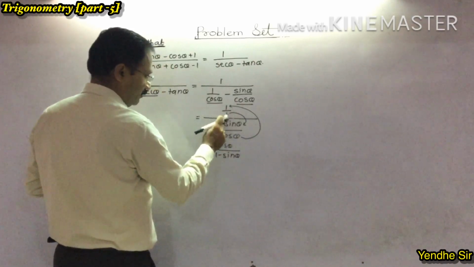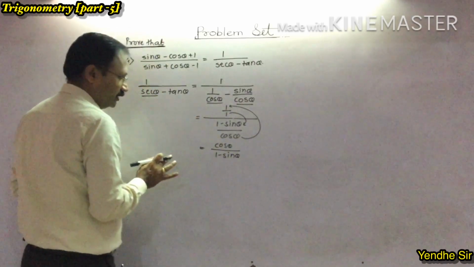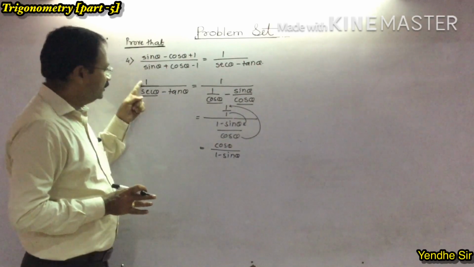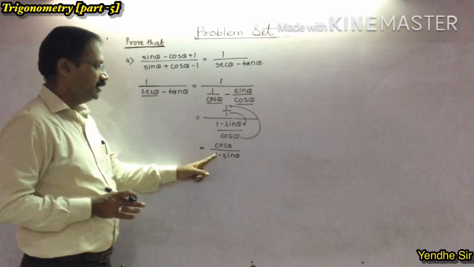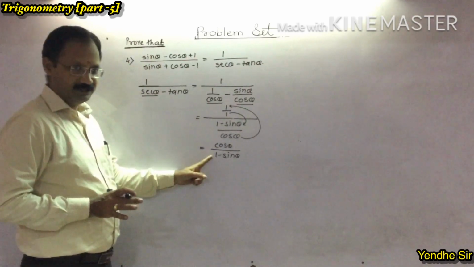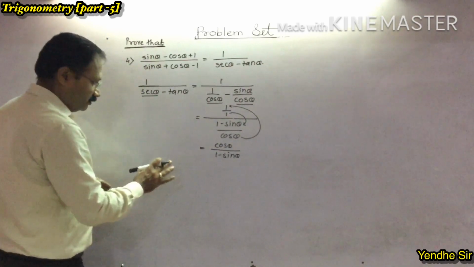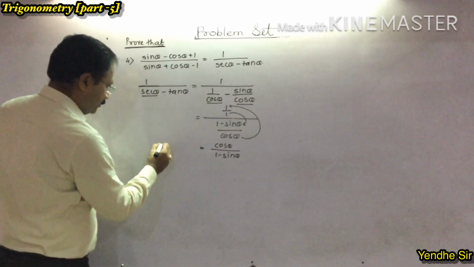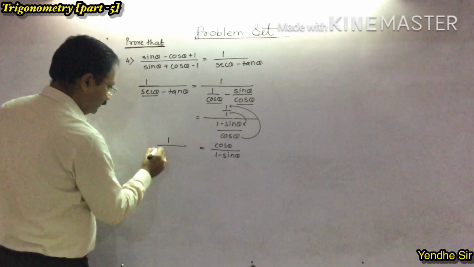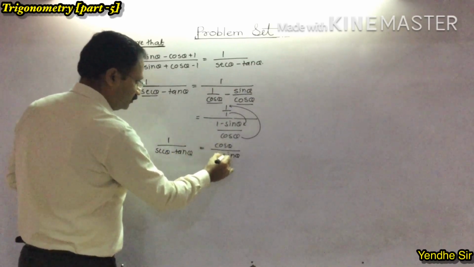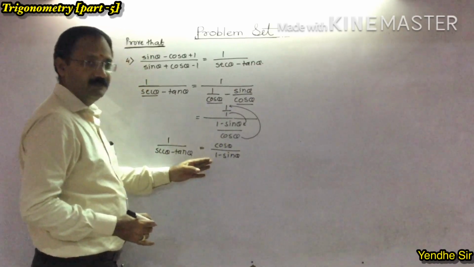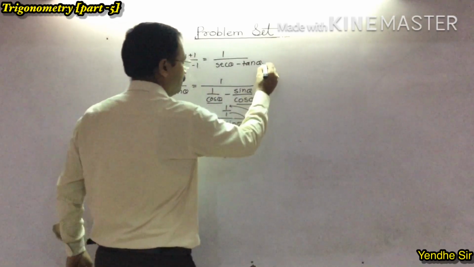If you multiply by 1, you will get the same answer. Okay. So it means this ratio is equal to this one. Both have equal ratio. So I am going to write 1 upon sec theta minus tan theta equals cos theta upon 1 minus sin theta.